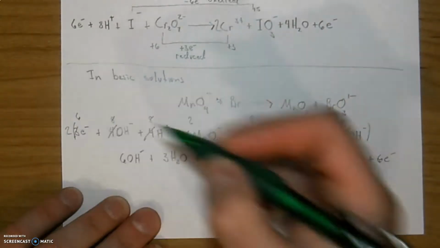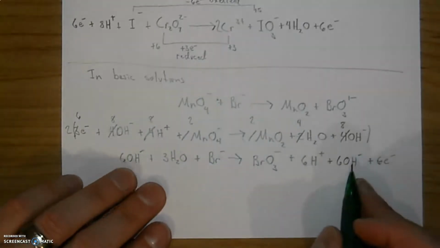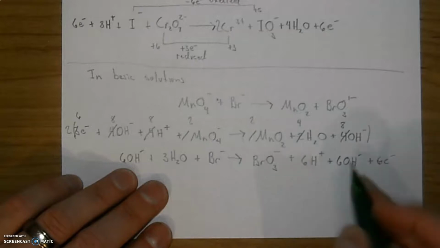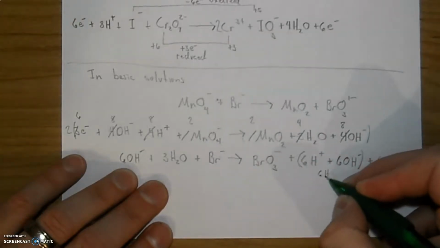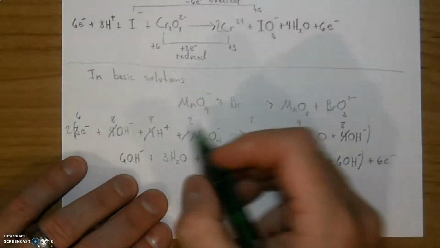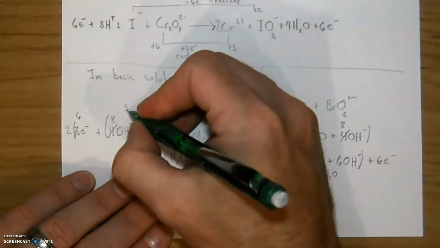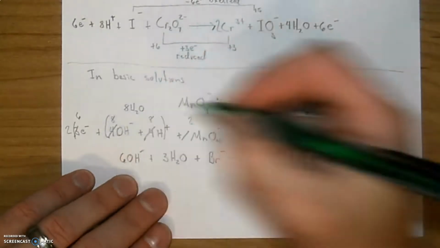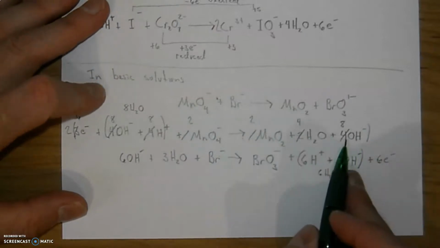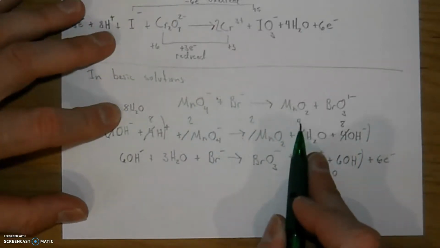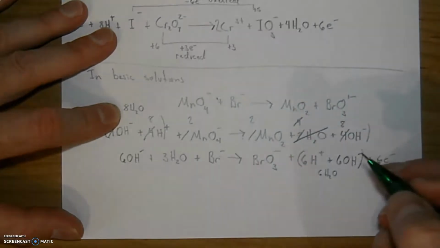Now, I have to balance these numbers in here. Remember that this is 6 waters, so I'm going to put these guys together and say 6 H2Os. And I got the same thing going on up here. This is 8 H2Os. But I also have some more water over here. So I have 4 and 8, so these are gone. And again, as I said, this is going to get messy.